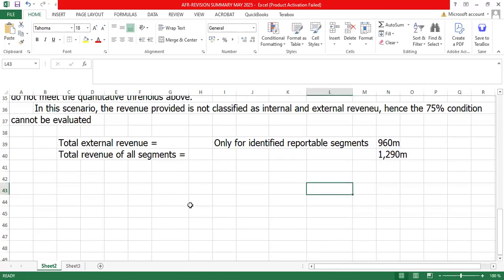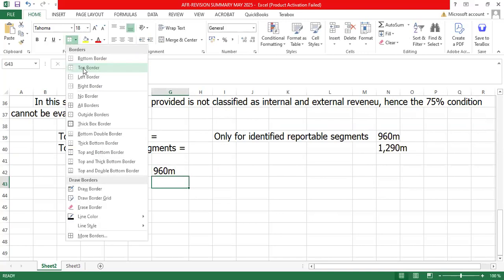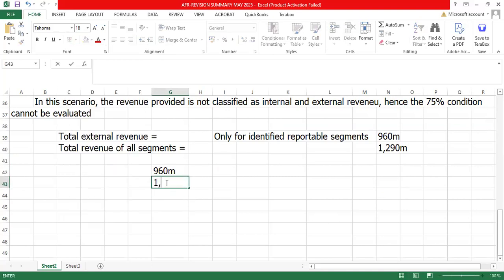How do you test? You get 960 million, divide by 1,290, then multiply the answer by 100, and put it as a percentage.